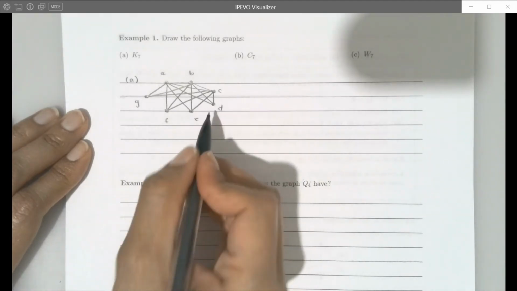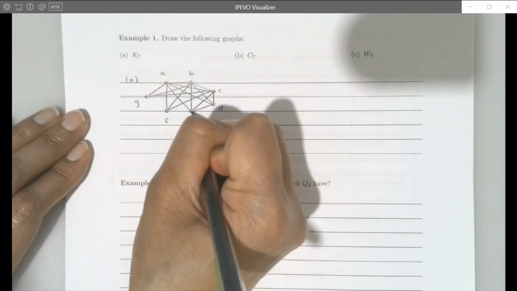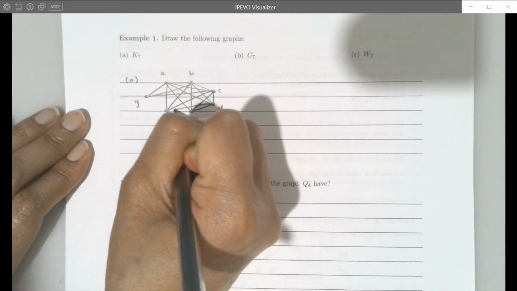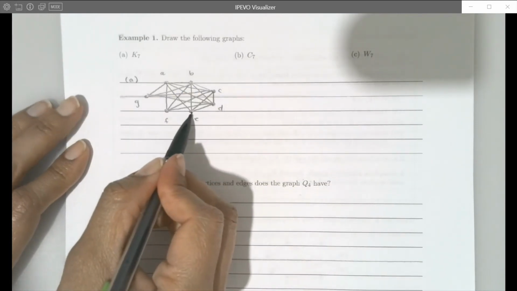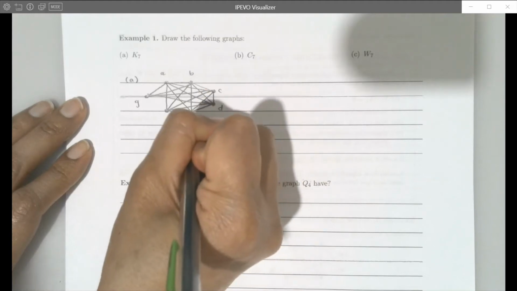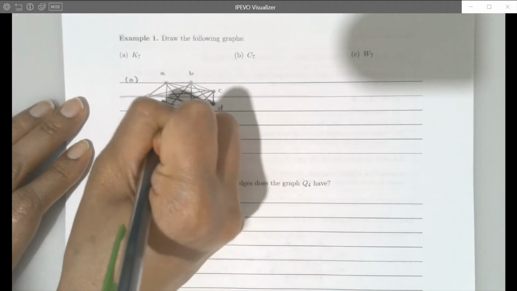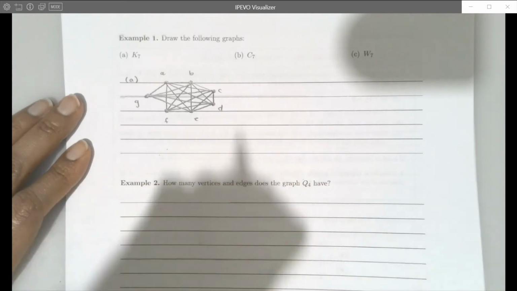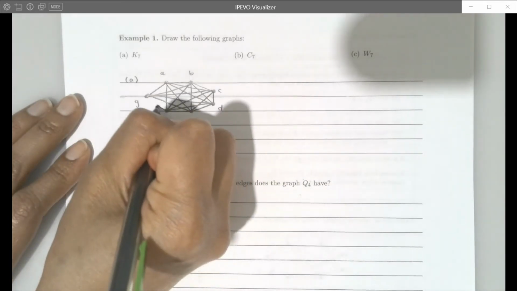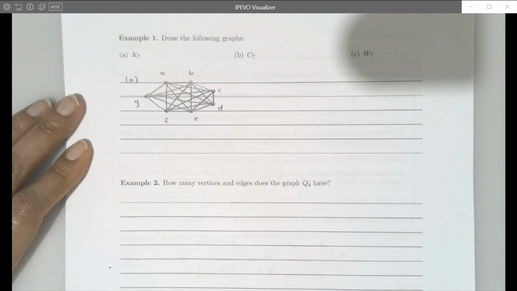So moving on to D, we can connect it to E, to F, and to G. Moving on to E, we can connect it to F and to G. And then moving on to F, we can connect it to G. So that would be the complete graph for 7 nodes.